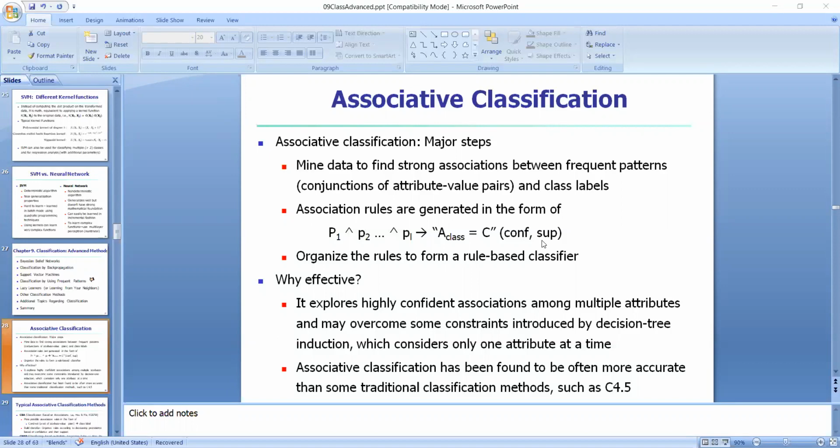One is to find the frequent item sets. Then after finding the frequent item sets, we need to find the rules that satisfy minimum support and minimum confidence. We'll get a number of association rules, and among those, whichever rules satisfy the minimum support and minimum confidence, we call a strong association rule.